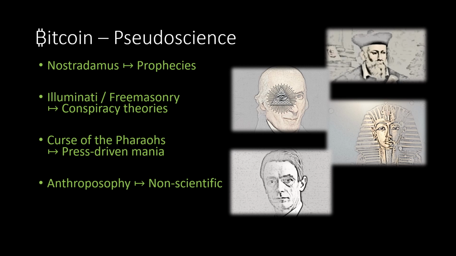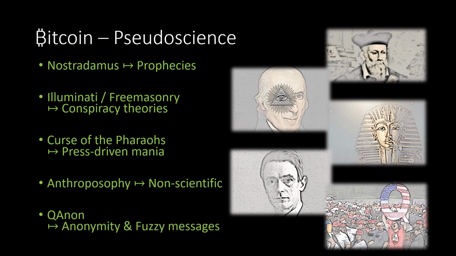There's also the movement of anthroposophy, which is non-scientific reasoning of well-being in life and agriculture and a few other things, which also have certain traces similar to Satoshi Nakamoto. More recently, there was the hype around QAnon, which was also based on anonymously sent fuzzy messages.